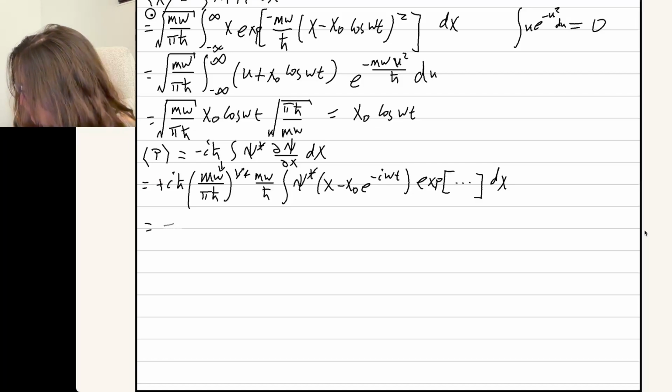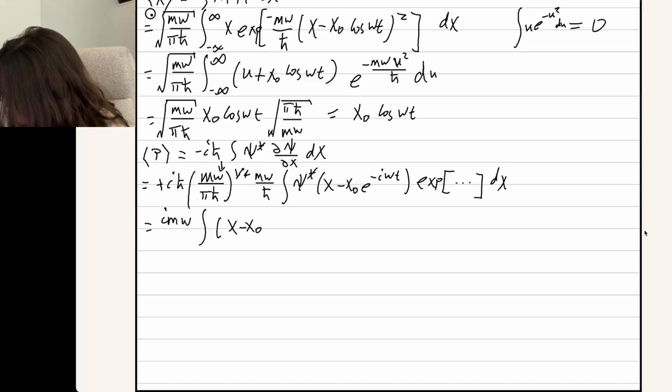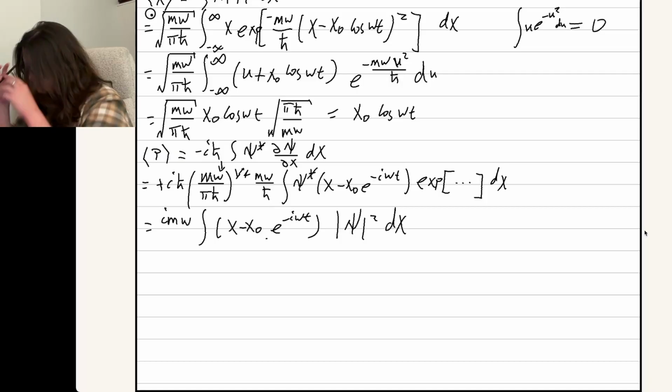So this is in fact just m omega times i times the integral of x minus x naught, and then e to the minus i omega t times mod squared psi dx.